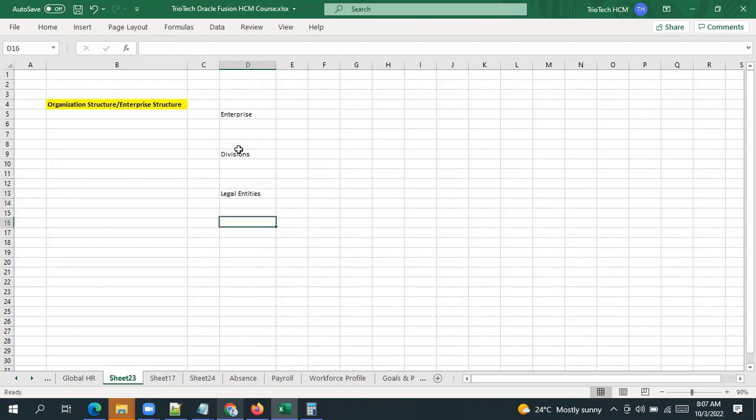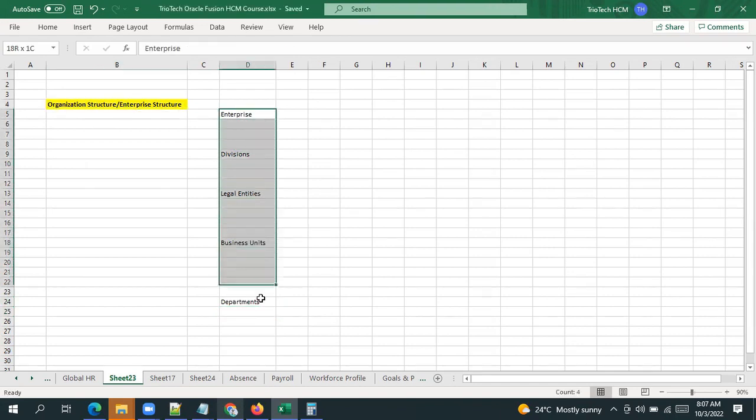Under legal entities, we have business units. And under business units, we have departments. This is the org structure, or enterprise structure, that we have in the Fusion application: enterprise at the top, followed by divisions, then legal entities, then business units, and then departments.